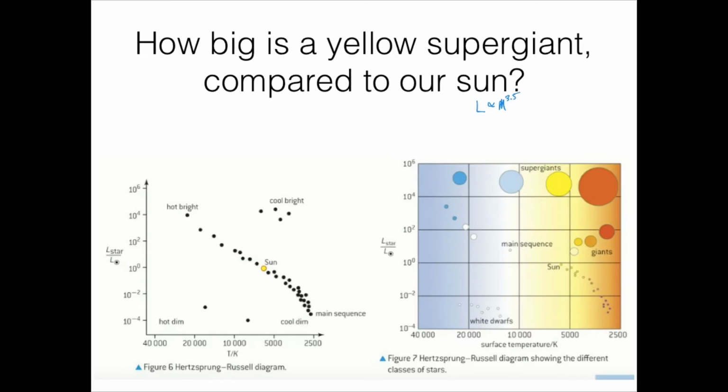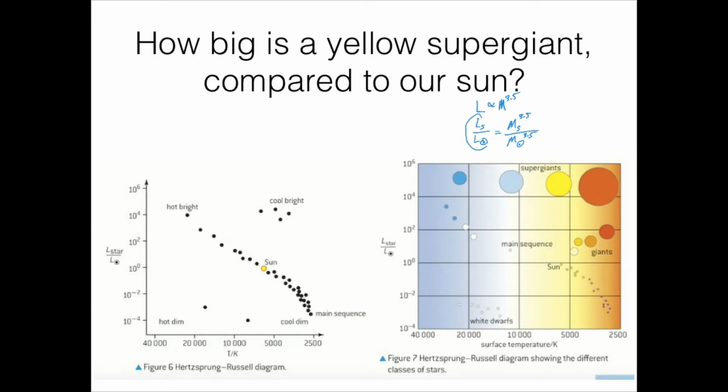So, if I take the luminosity of the yellow supergiant divided by the luminosity of our sun, that should be equal to the mass of the supergiant to the 3.5 over the mass of our sun to the 3.5.